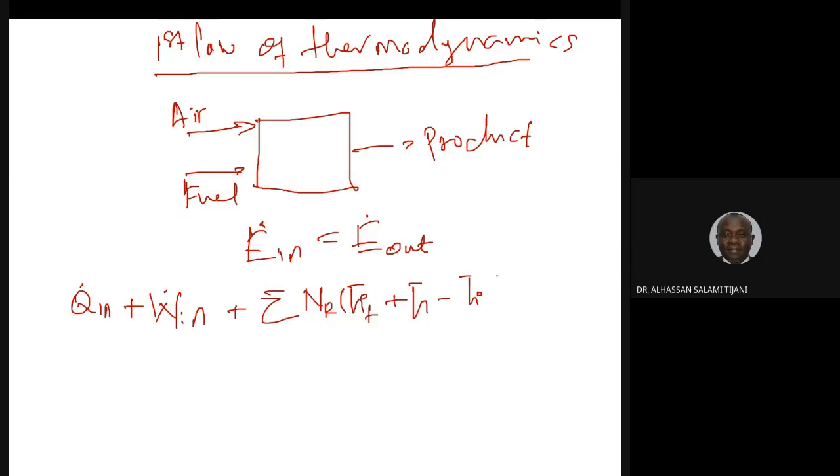This is for the reactant. This should be equal to Q out plus W out.